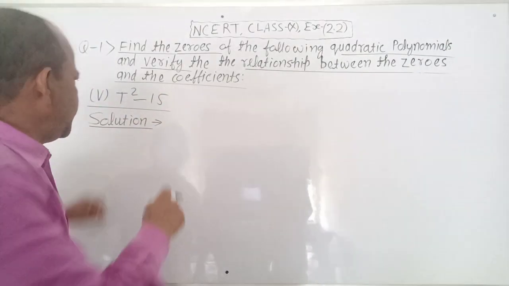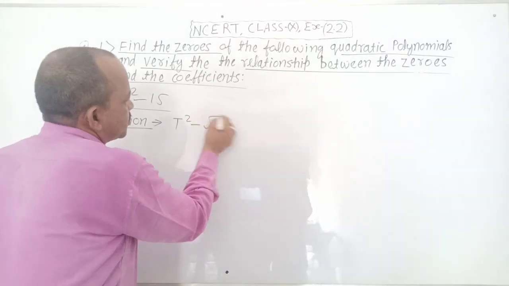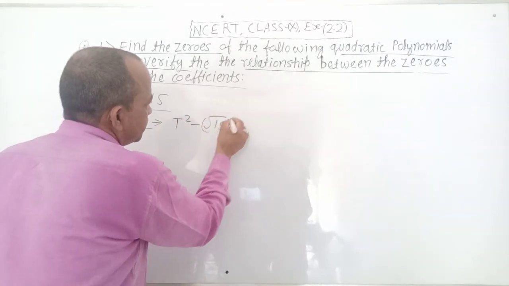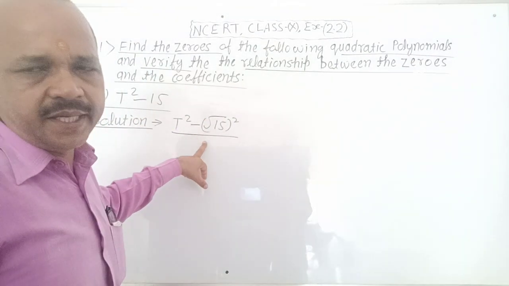You can write it as t square minus root 15 whole square, like this.